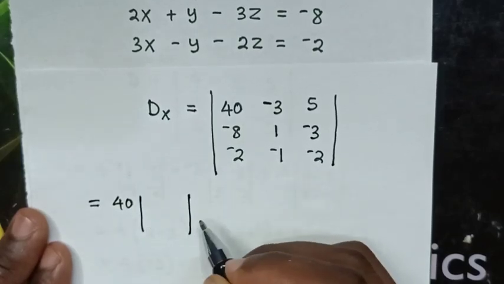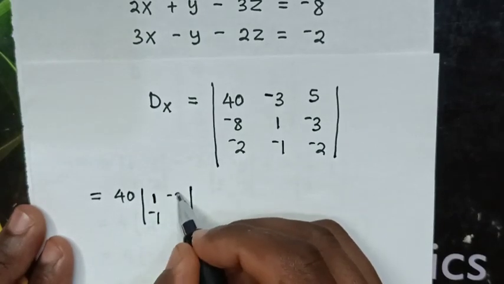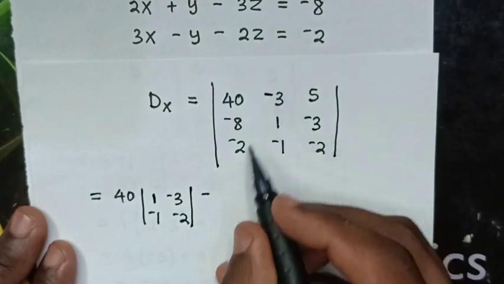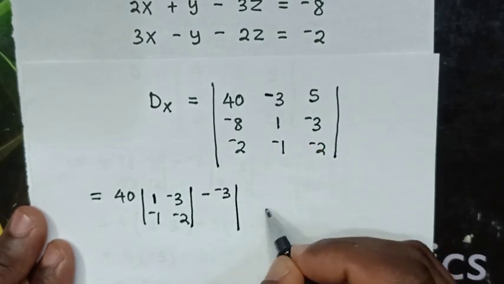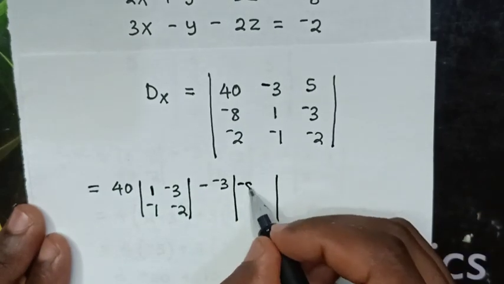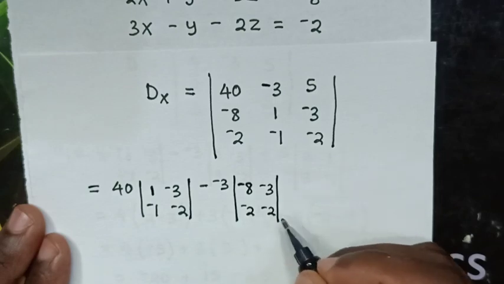Then it will be equal to 40 times the determinant of this column and this column, 1, negative 1, negative 3, negative 2. Then minus this negative 3 times the determinant of this column and this column, negative 8, negative 2, negative 3, negative 2.